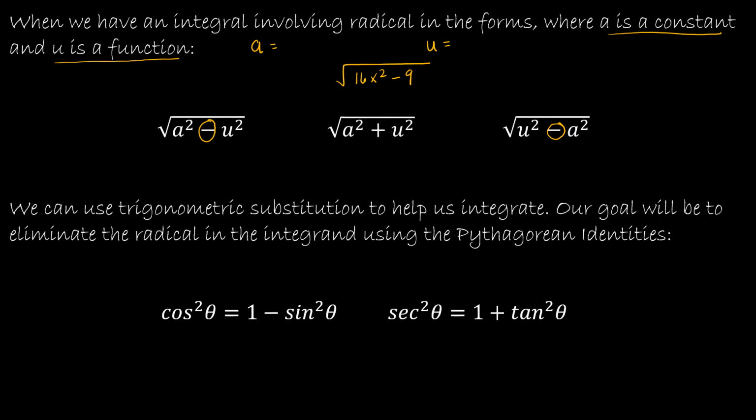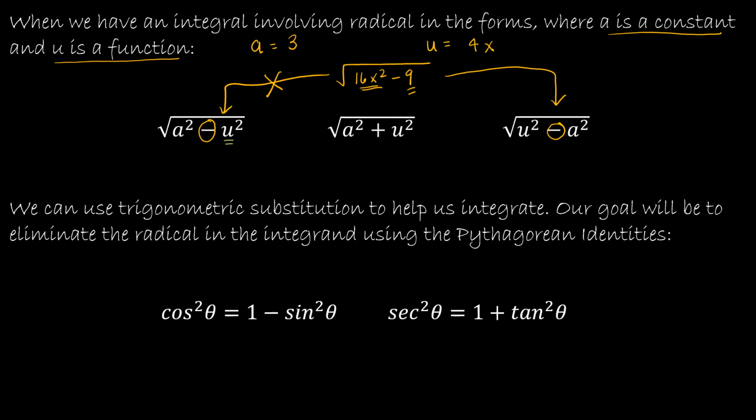So in this example, 16x squared is a function, which means u, my function, is 4x, the square root of 16x squared. Whereas 9 is obviously a constant, so I'm going to take the square root of 9, so a is 3. And this is the function I would use, and not this one, given the order of my two terms.